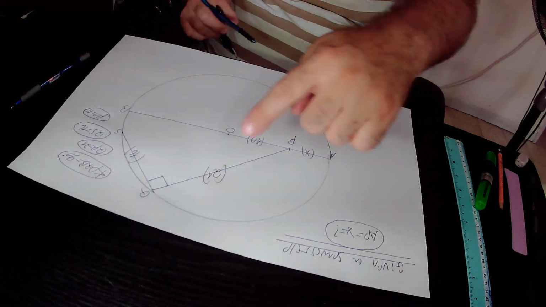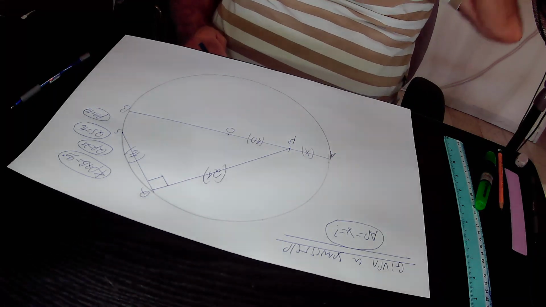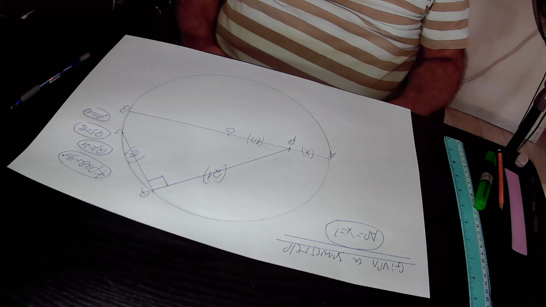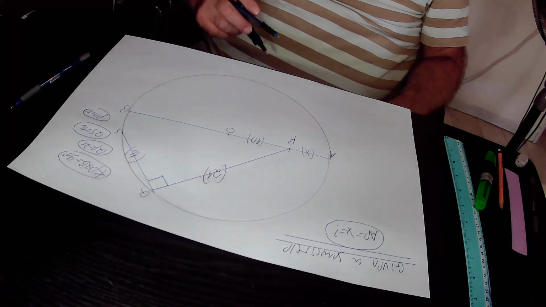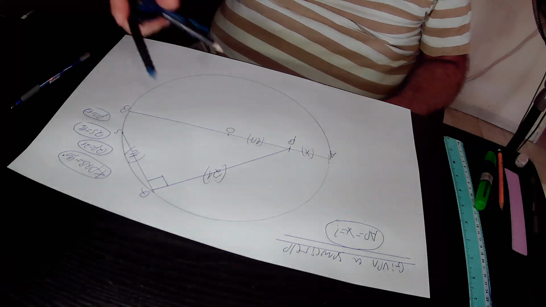So we completed the semicircle to a circle. In the next step, we will extend line segment QP by a straight line until it touches the circle.